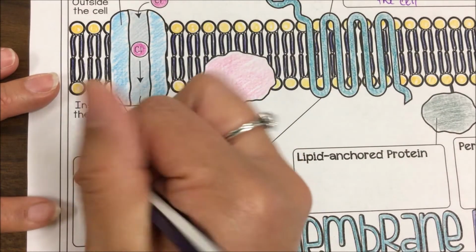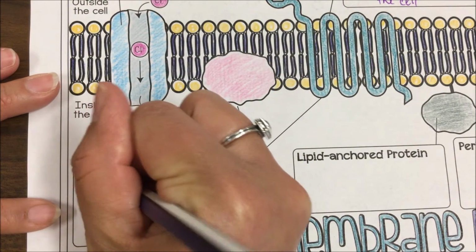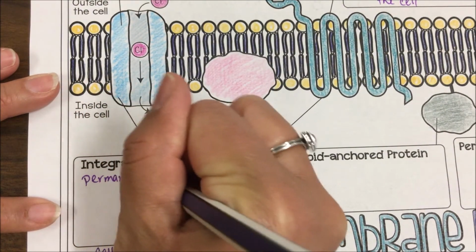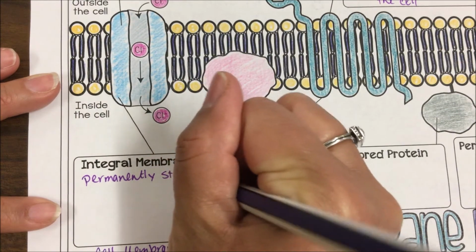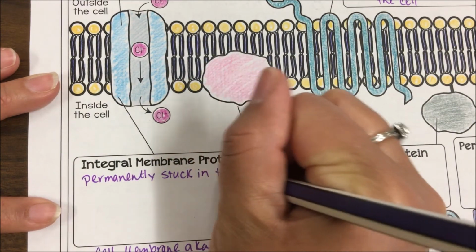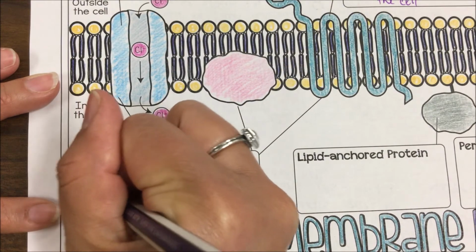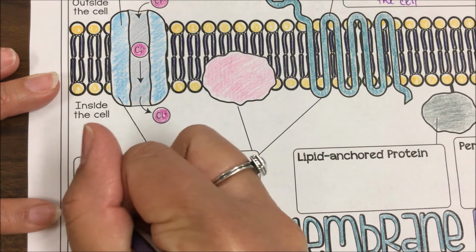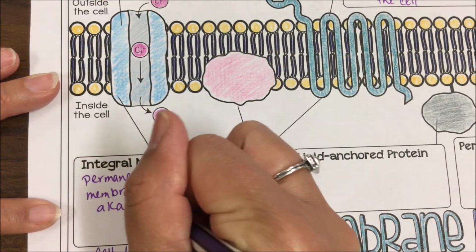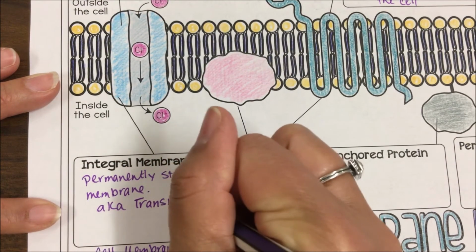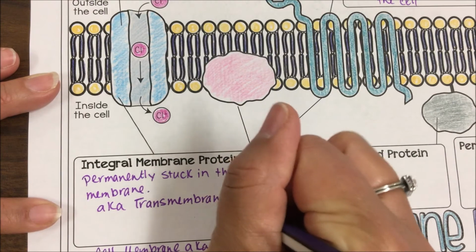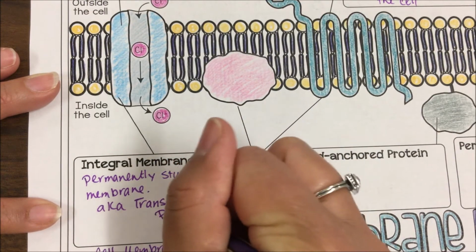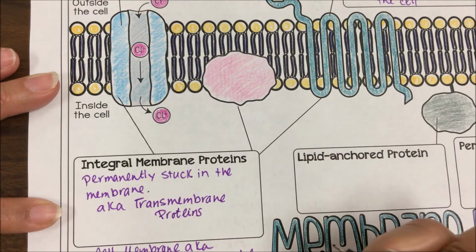So these are proteins that are permanently stuck in the membrane. Sometimes they're also known as transmembrane proteins, just because they do go all the way through.